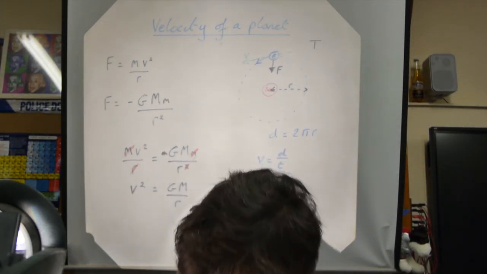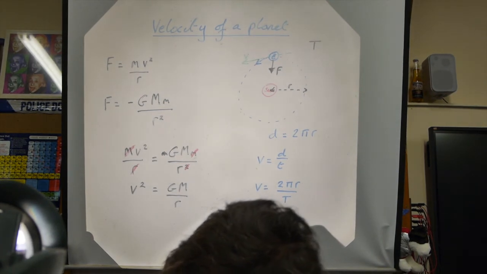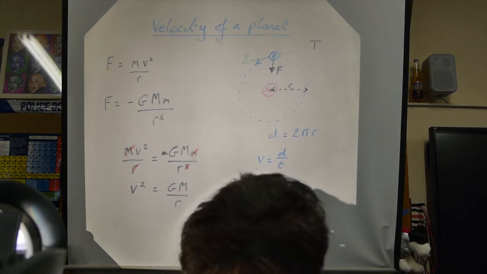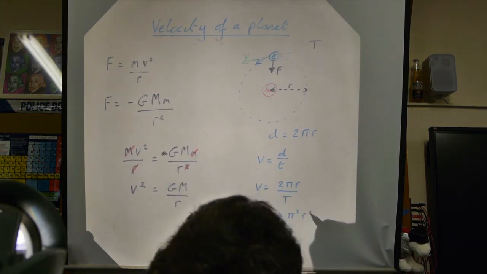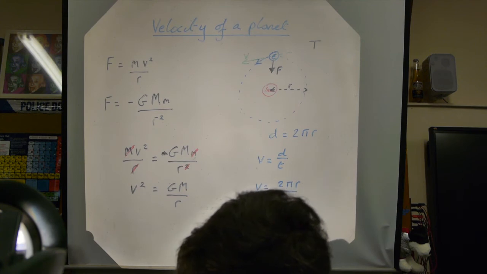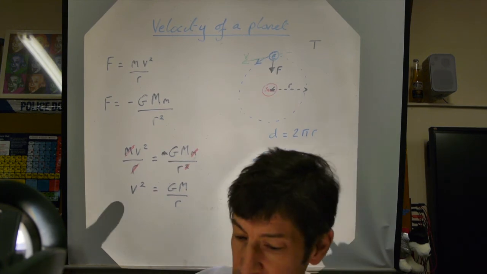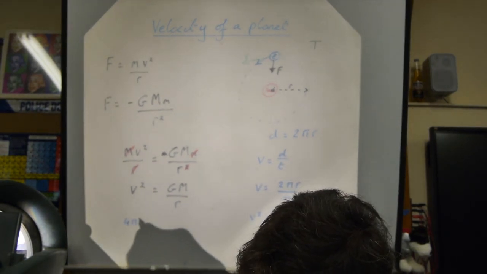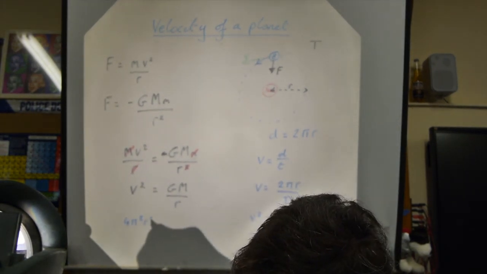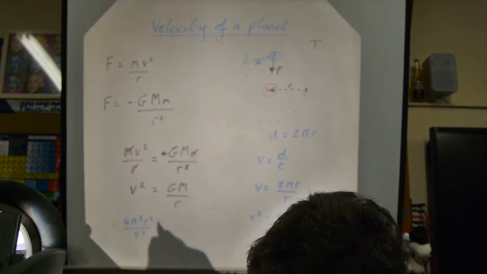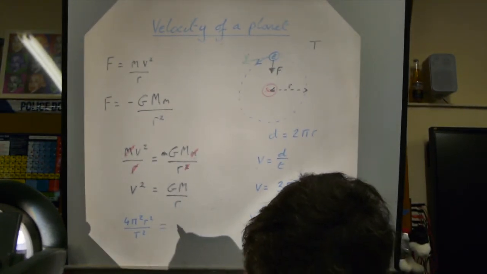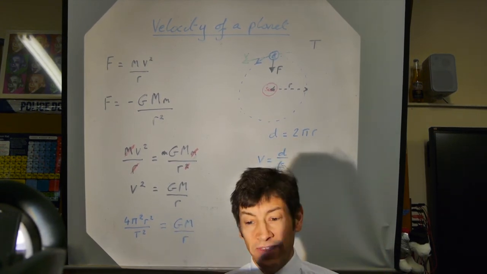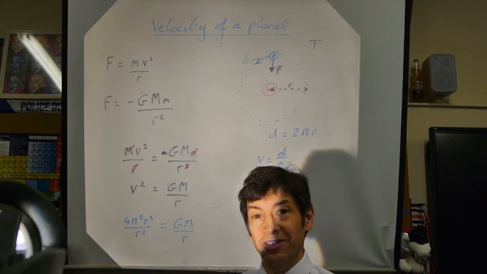So what we've got to do now is go v squared equals 4 pi squared r squared upon T squared. So if we take it over here, 4 pi squared r squared upon T squared, that's the v squared, is equal to GM upon r. So we've now got a way of working out the velocity.